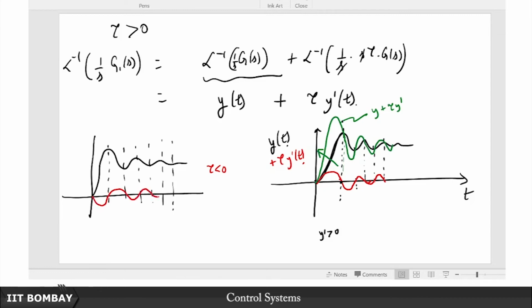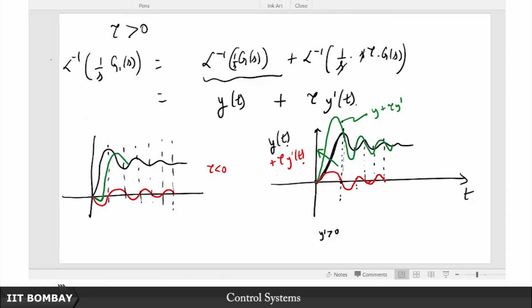So this is what will happen. Nothing happens to the original response, only the part that has to do with the 0 gets its sign flipped. So if you want to draw the overall response of the system, you see that at this point y dashed is equal to 0. So the overall response of the system becomes something like, it starts with an undershoot of sorts, and then has this.